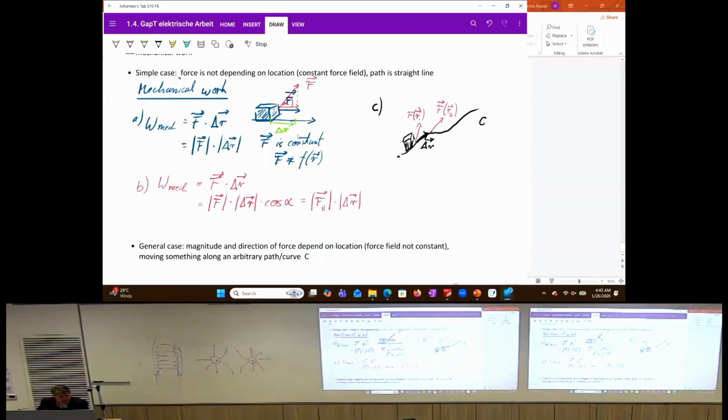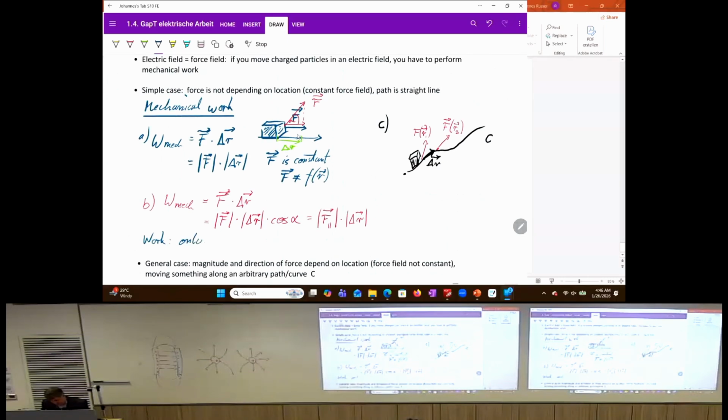Depending on how complicated your problem is, you have to account for a change of the force field along the path with respect to magnitude and direction. And in any case, you always have to project your force vector on the tangent of the curve that you integrate over to obtain the right contribution for the mechanical work that you have to exert.